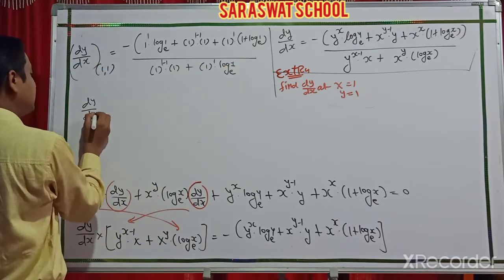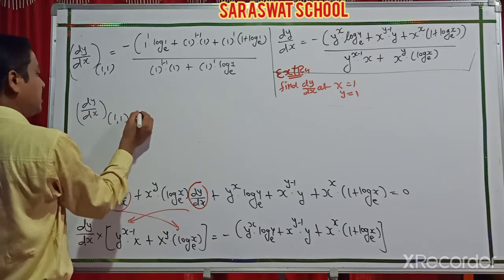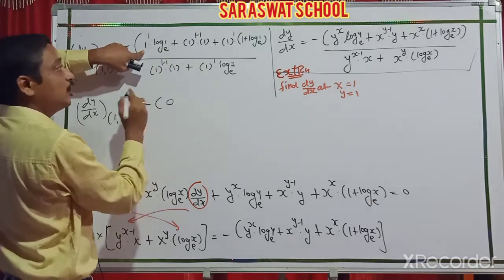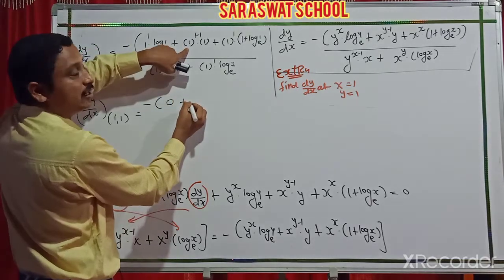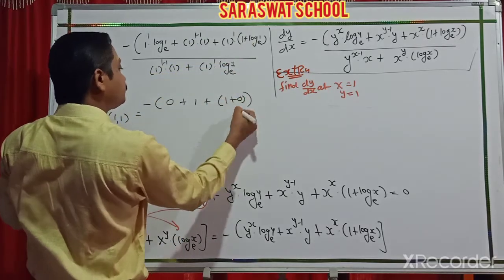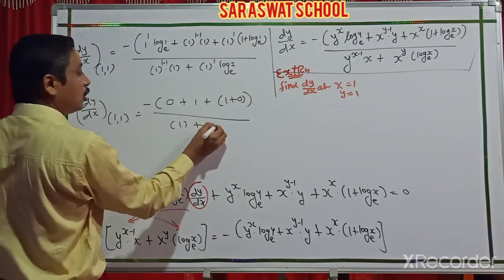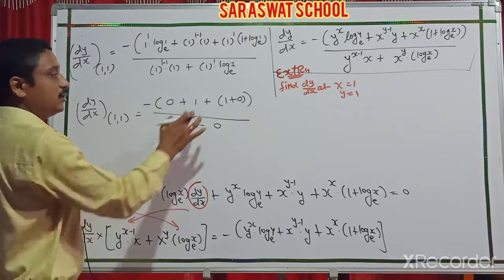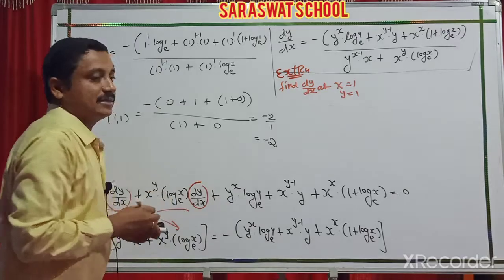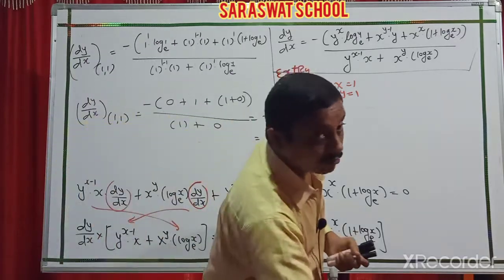I think you easily understood; these are easy values. So how much is log 1? Log 1 is 0. 1 raised to anything is 1. Here log 1 is 0. So 1 plus 0, upon here 1, log 1 is 0. It means your value is 1 and 1, so 2, minus 2 by 1. Yes, that case is minus 1 by 2.